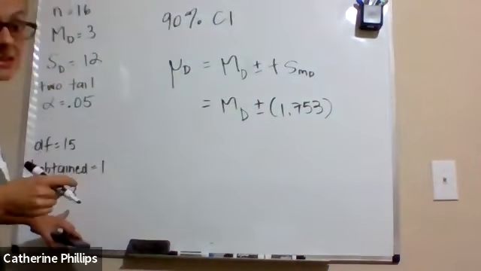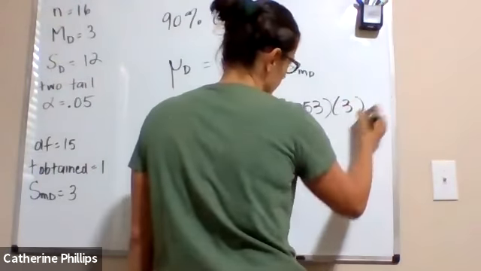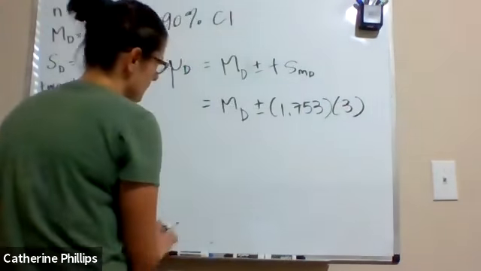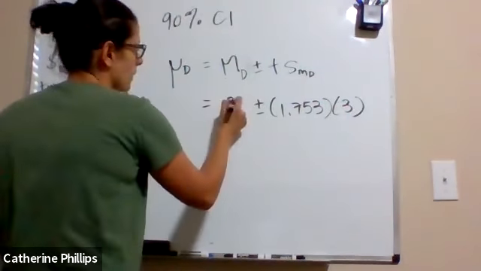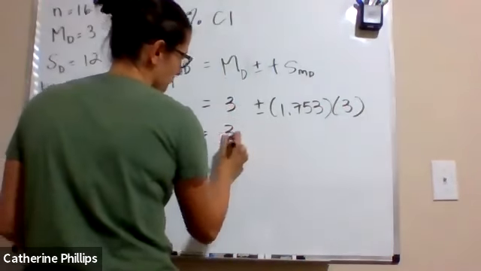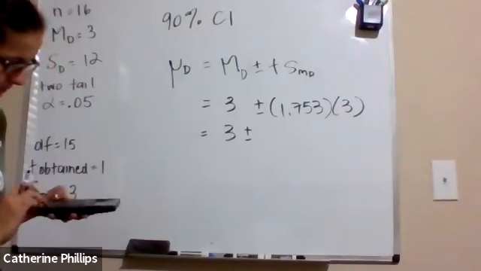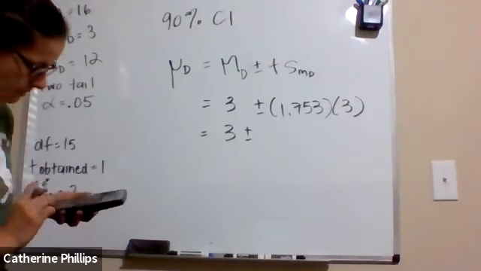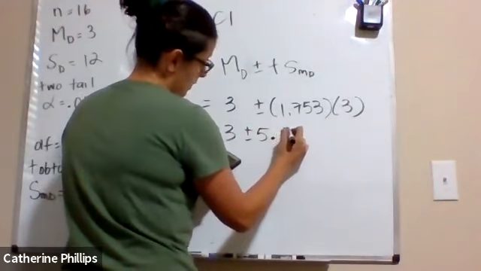Our estimated standard error did change. I suppose I can put MD in there. So 3 plus or minus 1.753 times 3 plus or minus 5.26.